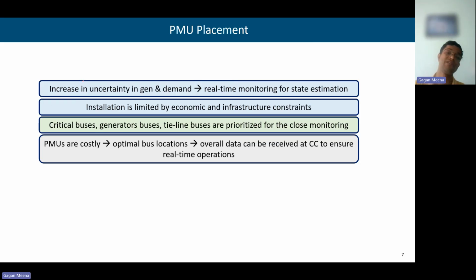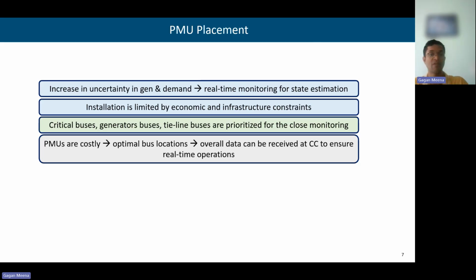However, the installation of these PMUs is limited by economic and infrastructure constraints. That's why we want to monitor at least the critical buses, generator buses, tie line buses, for close monitoring.